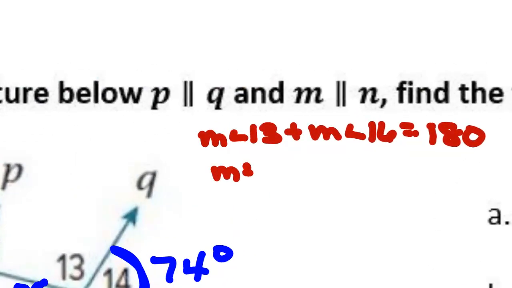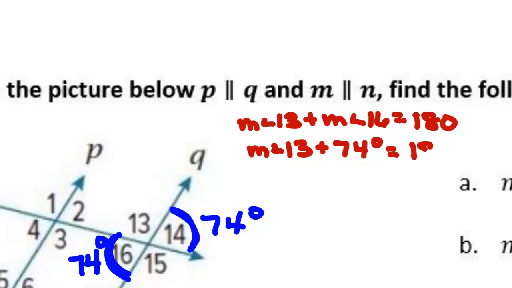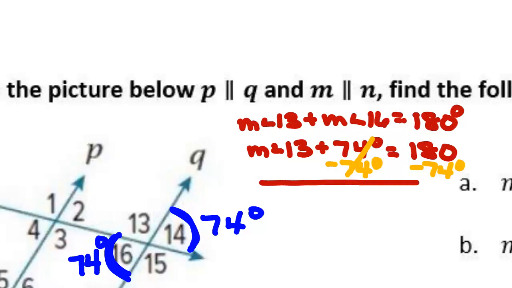So I have the measure of angle 13 plus 74 degrees equals 180. So then I would subtract 74 from both sides. So how big is angle 13? 106.